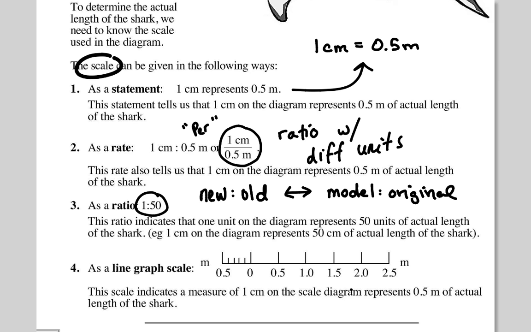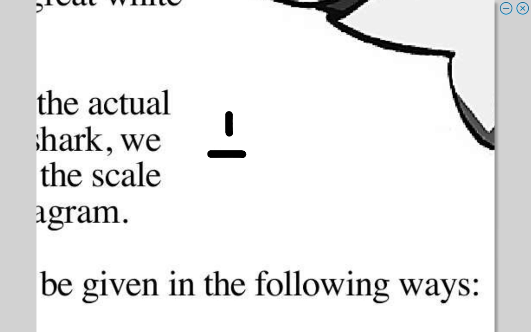Is this a reduction or an enlargement? Why is it a reduction? Excellent answer. The number in the first part of the ratio is smaller than the number in the second part of the ratio. So just quickly on that, like 1/2. If you multiply by 1/2, will you get smaller or bigger?